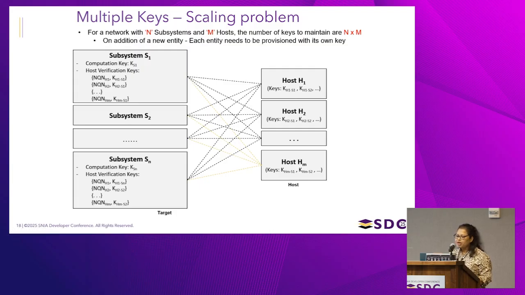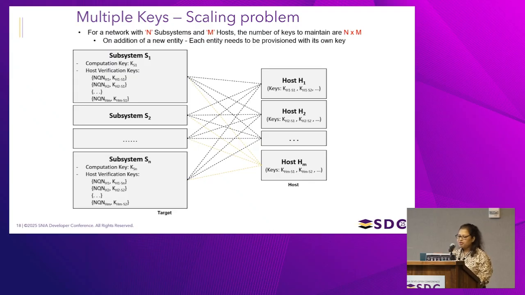Each host uses a different key per subsystem. So host H1 has a key for subsystem S1 and a separate key for subsystem S2 that we discussed. On the subsystem side also, each subsystem maintains verification keys for each of the hosts with the NQN. So this is a lot of information to be maintained.